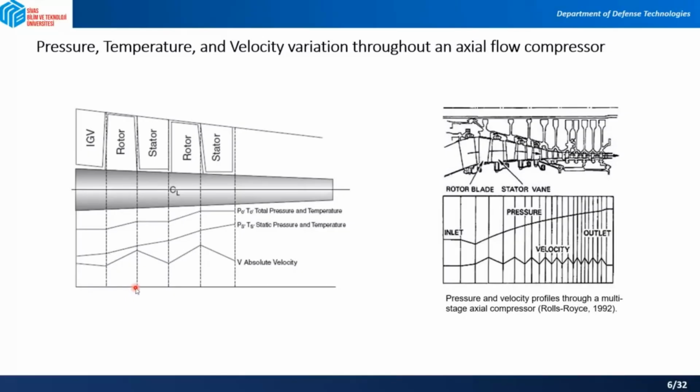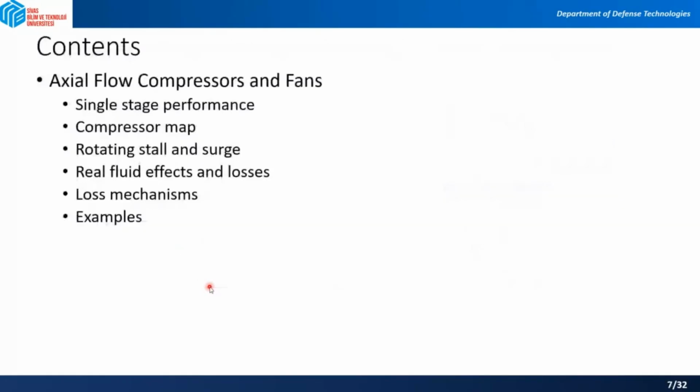The total pressure and total temperature, as we said, are constant while passing the stator blades. As you can see in here, they are not changing, but the rotor has the ability to change the total pressure and total temperature.